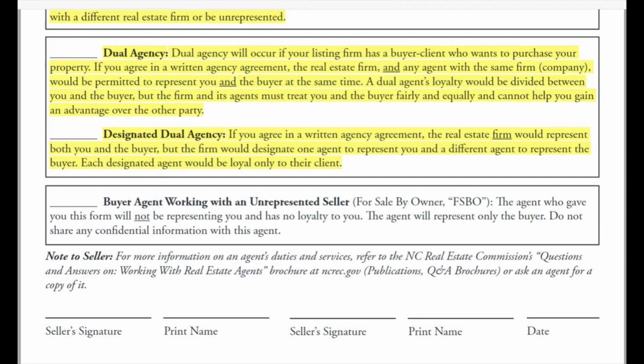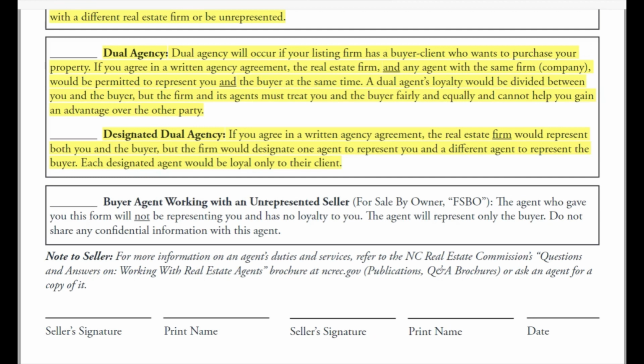So that's when you are at my firm, we will assign and designate a realtor to represent the buyer side, and a realtor to represent the seller side, but it's in the same firm. So we call that designated dual agency.